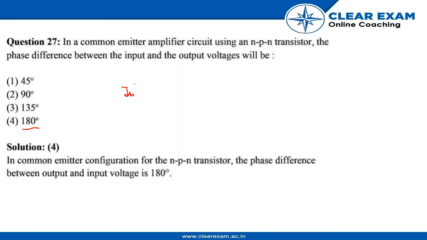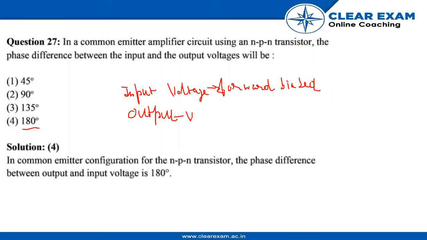As the input voltage, let's write it first, input voltage is forward bias, and the output voltage is reverse biased.